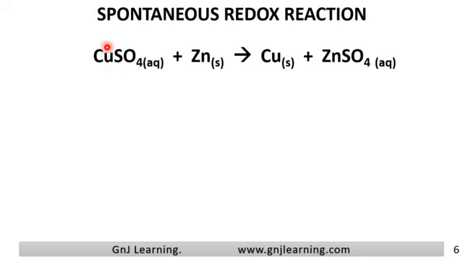So copper is in the solution and zinc is out of the solution in the form of metal. When these reactants are mixed, immediately the reaction proceeds. That's why it is called spontaneous. Copper, which was part of the solution, comes out of the solution in the form of a metal. Zinc, which was a metal, goes into the solution as zinc sulfate.